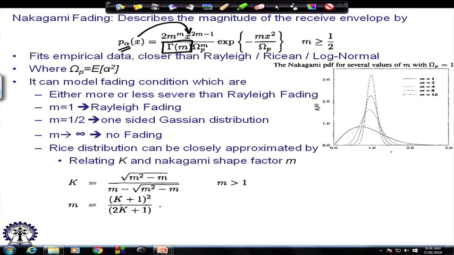So, with this one could describe different distributions, whether it is Rayleigh or Rician, by choosing appropriate values of m, and that is one important reason why Nakagami-m is very, very important.